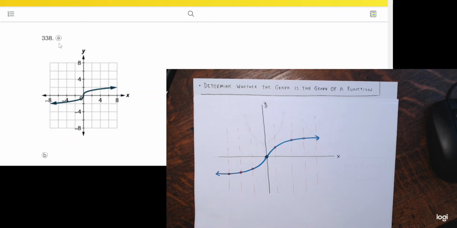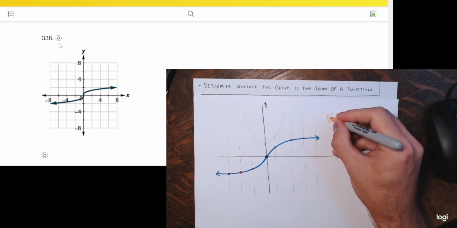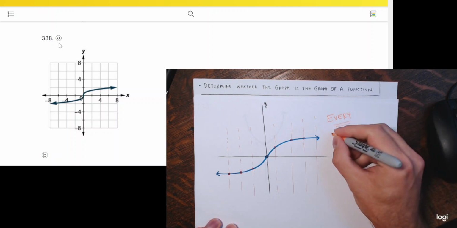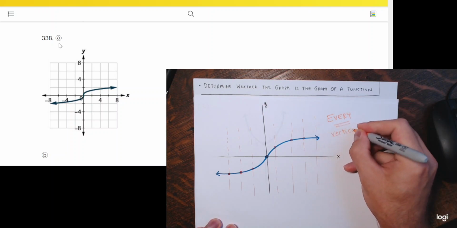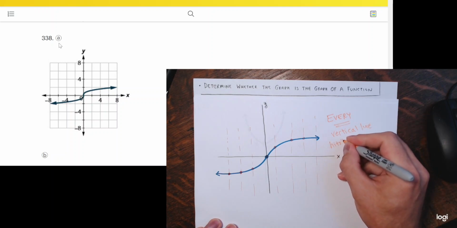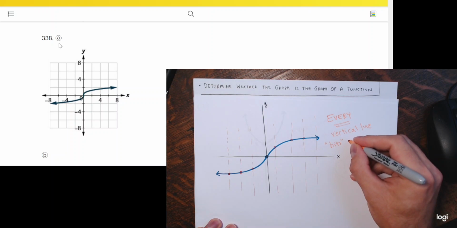So once again, we have the scenario where every vertical line hits the graph at most one time. Zero times or one time, but not more than once.